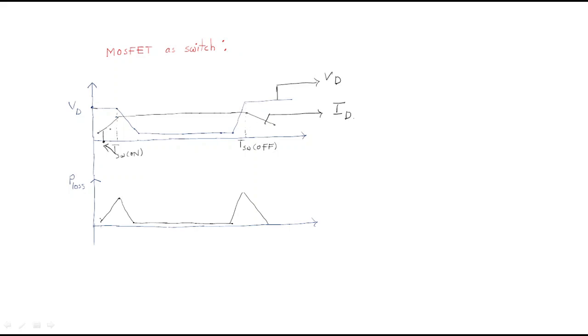Why is this happening? Because the MOSFET has some switching losses. Due to the time delay, the drain voltage has a time delay, and the drain current has some time delay.